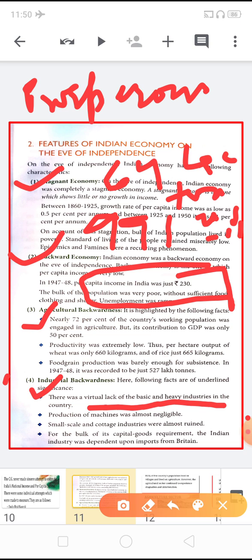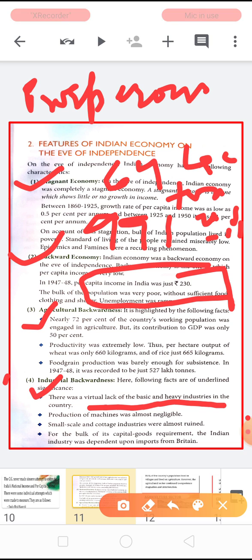Thereafter, we have poor infrastructure, heavy dependence on imports, limited urbanization, semi-feudal economy, colonial economy. These are some more features of the Indian economy on the eve of independence. These were a few more points used for considering the country's economy backward and stagnant.